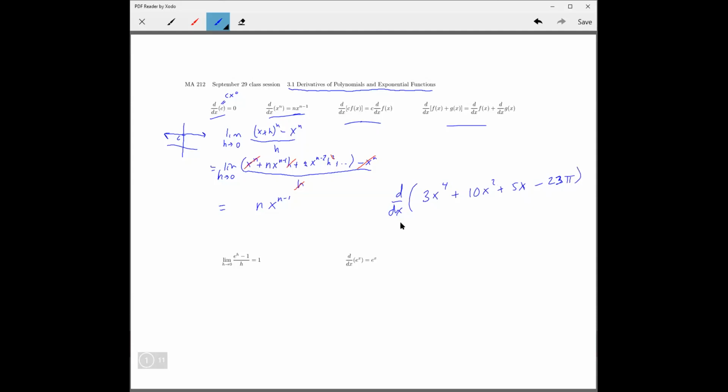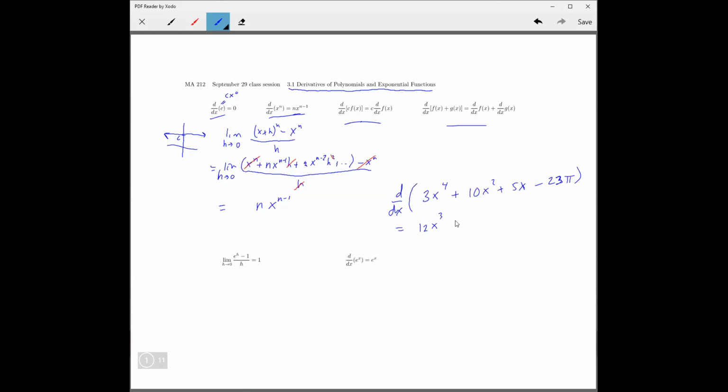Okay, you think of the 3 as being separate, and then you do this rule here where you bring the 4 down, and so that's 4 times 3, that's 12, and then x cubed. So that's the derivative of that part.